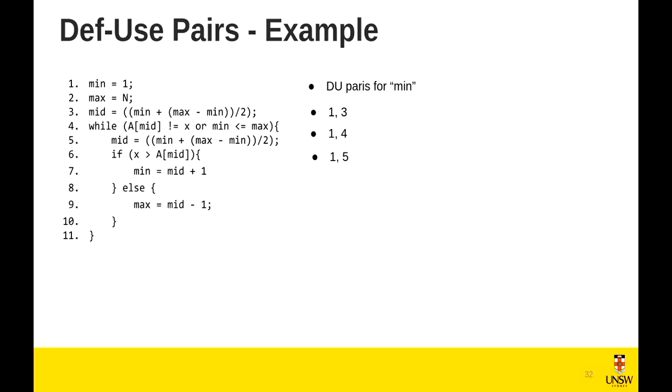So it's actually 7, and if we follow the control flow graph, if we follow the execution path, 7 and which one? Which line? Yes, 7 and 4. And we still have one more, and that is 7 and 5, because we just follow the execution. So we should have these def use pairs.